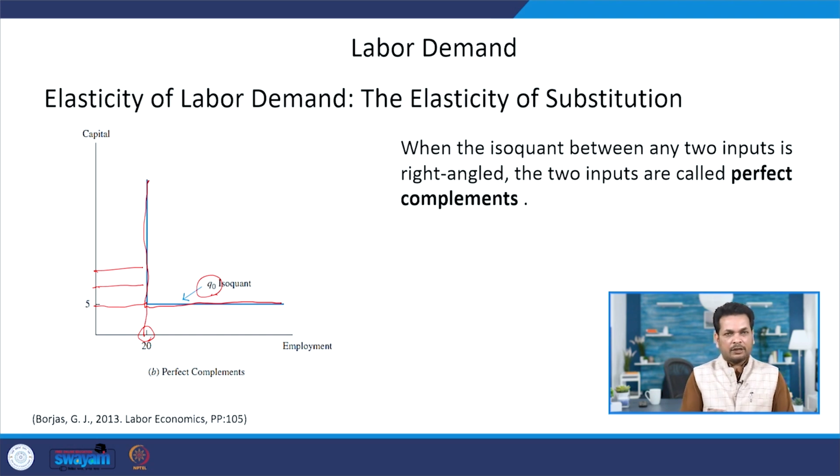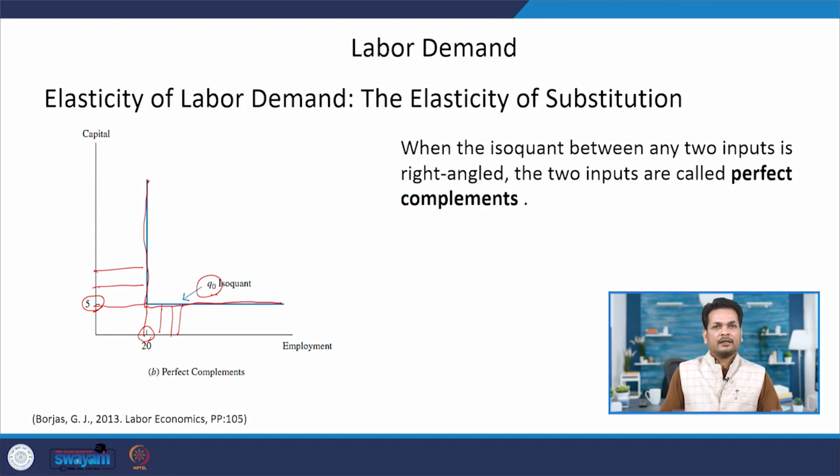Similarly, if the firm wants to fix the level of capital and tries to add more labor, it is also not going to increase the level of output. So a perfect combination of capital and labor is 5 and 20 to produce Q0 level of output. In this case, these two inputs are perfect complements to each other.